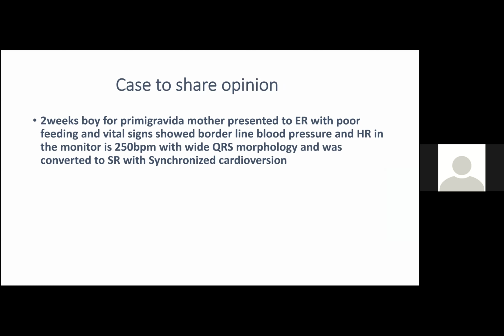Last case, she's still with me in the ICU. This is a 2-week-old boy of a primigravida mother, who presented to the emergency room with poor feeding. Vital signs showed borderline blood pressure and a heart rate on the monitor of 250 beats per minute with wide QRS morphology, and he was converted to sinus rhythm with synchronized cardioversion.